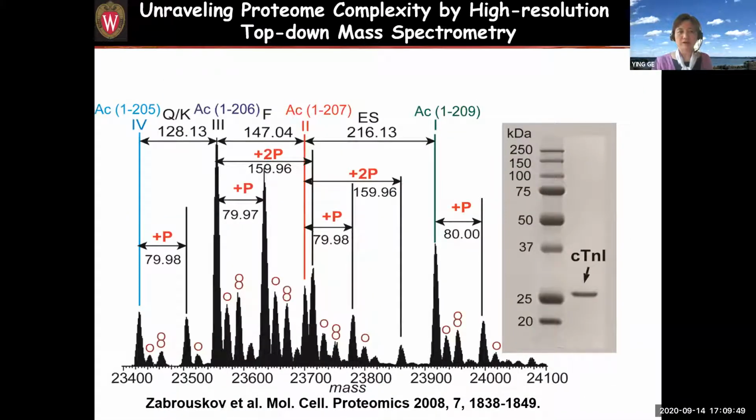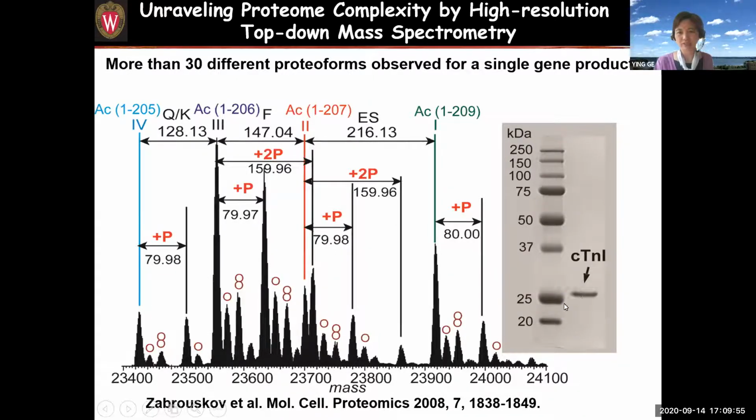As we said, ultra high resolution mass spectrometry is so powerful. When I showed the biologists, they said, you look at your gel, it's a protein band, you thought it's pure. And when we show them there are so many different peaks, I said, don't have a heart attack, because it doesn't mean that your protein is not pure.